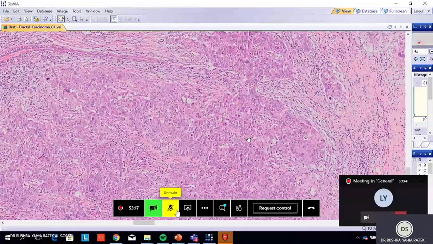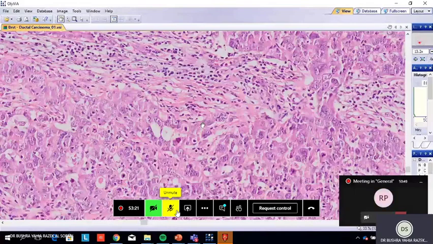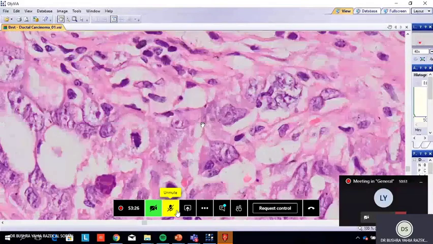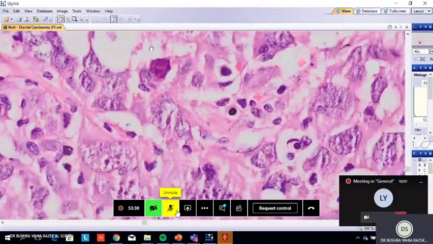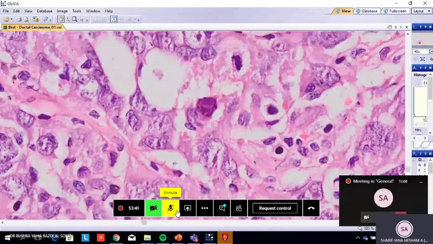Maybe we start here. Okay. So 1 in 1. Right. Doctor, in these pleomorphic cells, no, this is not the mitosis, not that one, the ones around, the very large ones. Can you show us the nucleus?